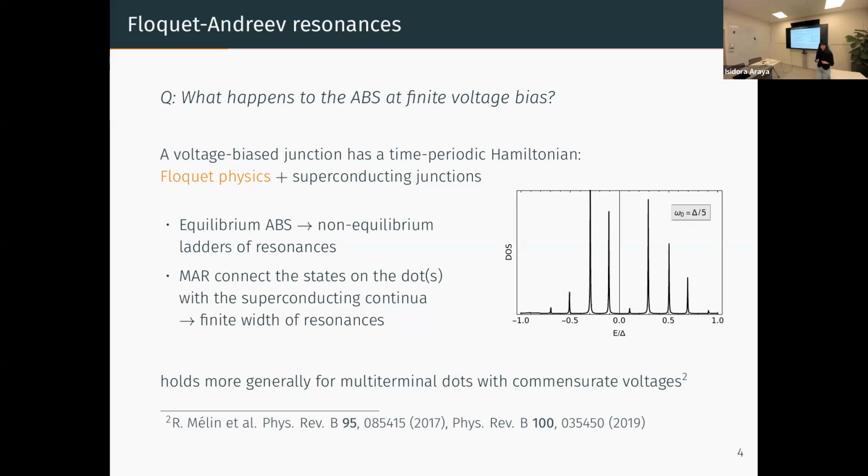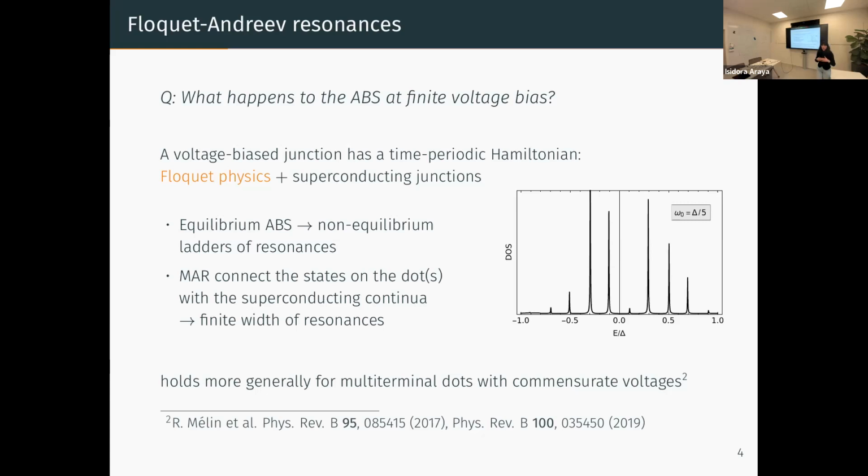And what they basically find is that you still have something left of the Andreev bound states, only now you have resonances that are copied because the system is time periodic, so it's described by Floquet physics.